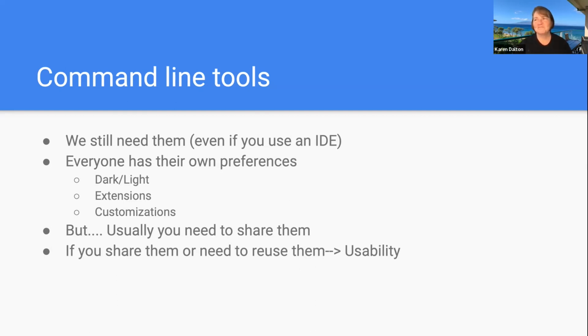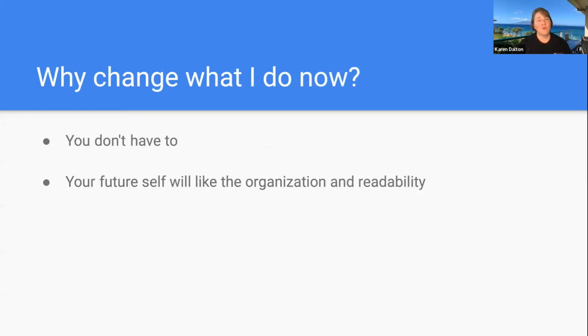So why should you change if you're using different command line tools than the ones that I'm going to talk to you about? You don't have to, but your future self will like the organization and readability of these.